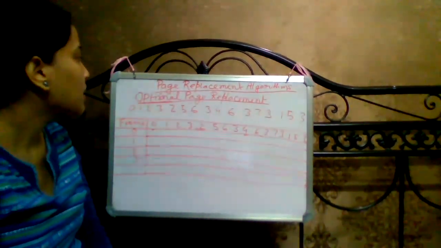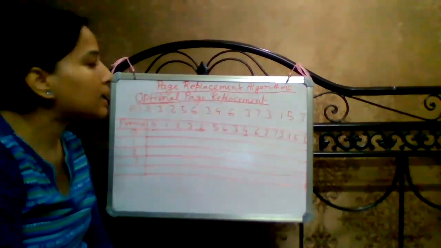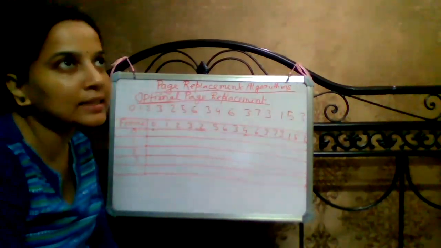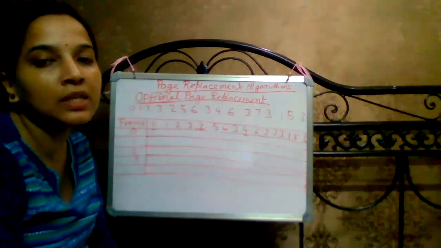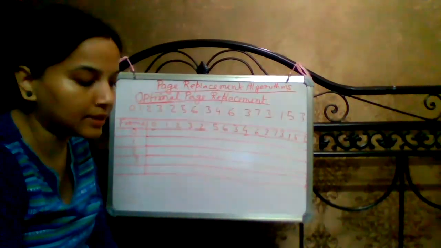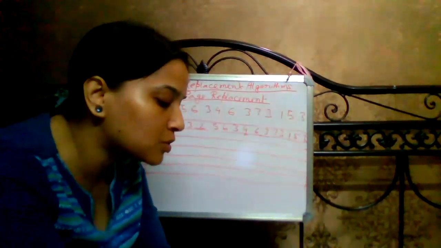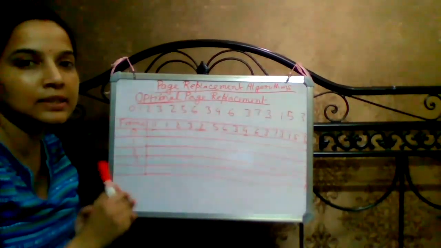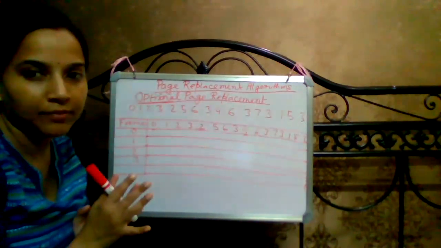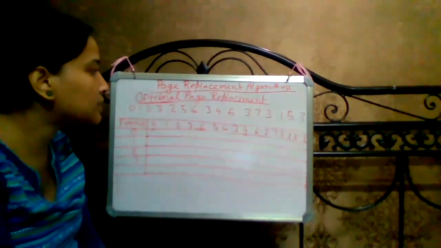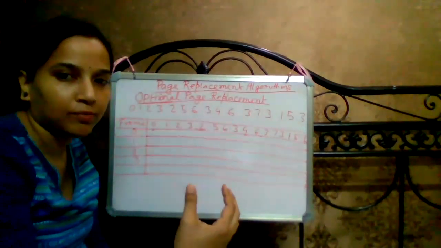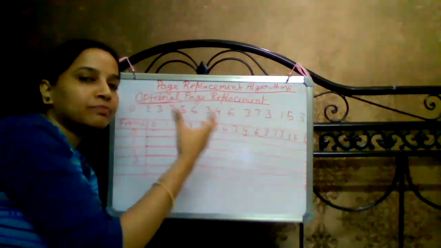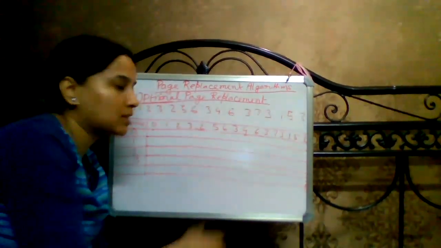Which frame is considered as the victim page if a page fault occurs? The page that will not be used for the longest period of time is considered the victim page. That depends on the future string. We consider the future string first, then check which particular frame is not required for execution.